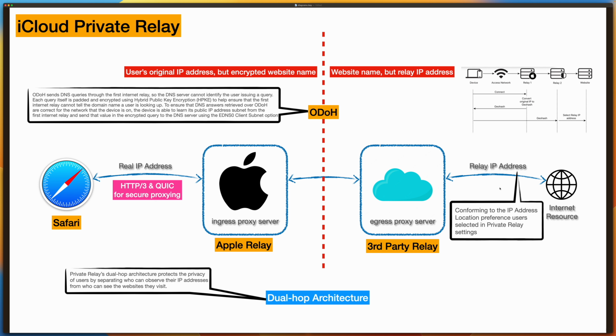So in both DNS query and normal internet surfing, you hide your real IP address, but if you want, you can use the same geolocation to get similar surfing results. Okay, let's look at the whole process again. This type of architecture ensures it will separate the two types of information. First, your IP address. Second, which website you want to visit.